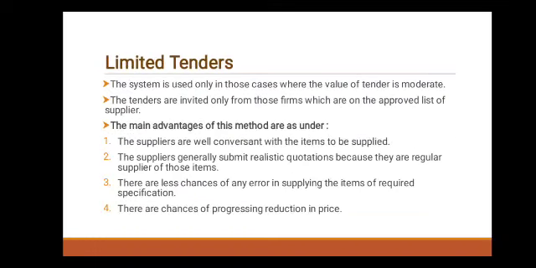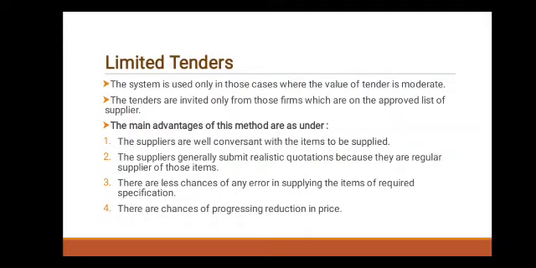Second, limited tenders. The system is used only in those cases where the value of tenders is moderate. The tenders are invited only from those firms which are on the approval list of suppliers. The main advantages of this method are as under. First, the suppliers are well conversant with the items to be supplied.